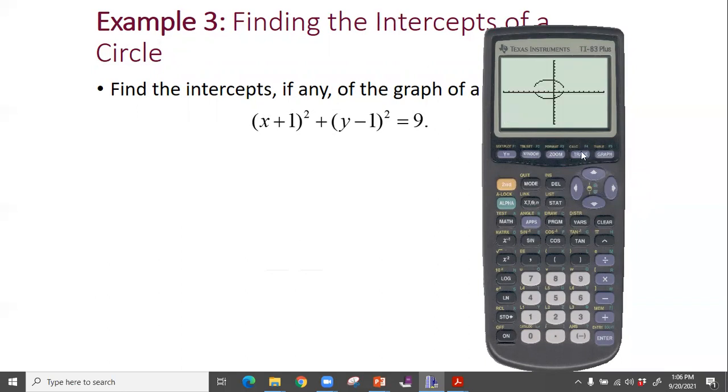Okay. To find when y equals 0, it's a little different. So to find when y equals 0, that's where we go second, trace, and you see where it says 0. That's how you find when your y equals 0. So you'll click there, and then it'll ask you for your upper bound, and that just means, where's my little guy?